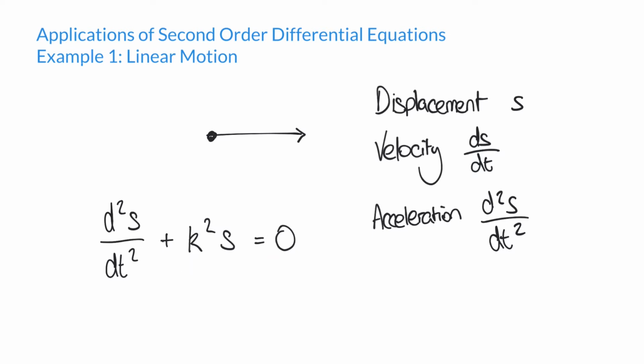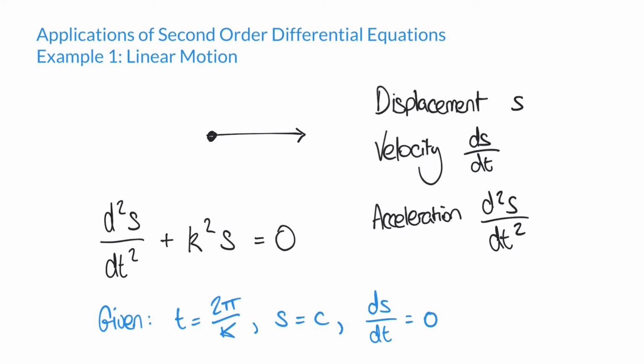And so in this particular instance here, s is the linear displacement at a given time t, and k is just a constant. And let's suppose we have to find an equation solving for s, given that at time t equals 2 pi over k, the displacement s is equal to c, and the velocity ds by dt is equal to 0.